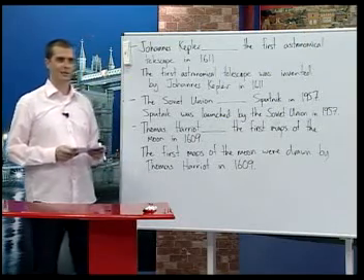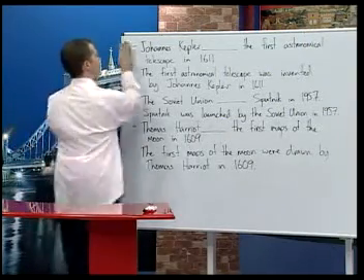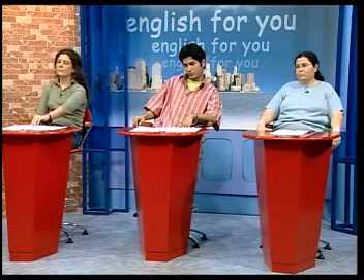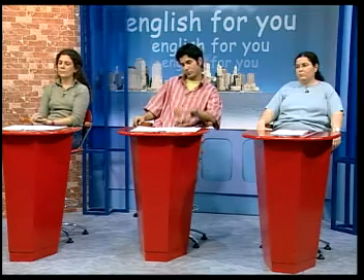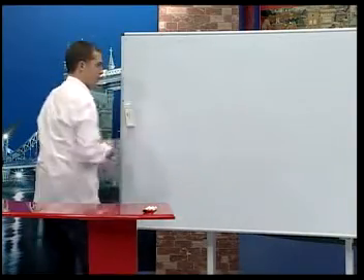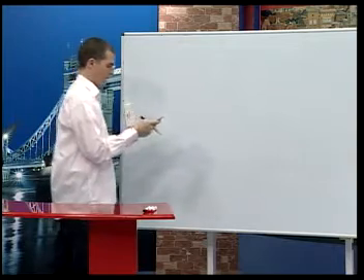Let's do another exercise, and we'll try something new this time. I'll write a sentence, and there'll be a mistake in the sentence, and you have to find the mistake and then correct it. Rosa, you can do the first one.